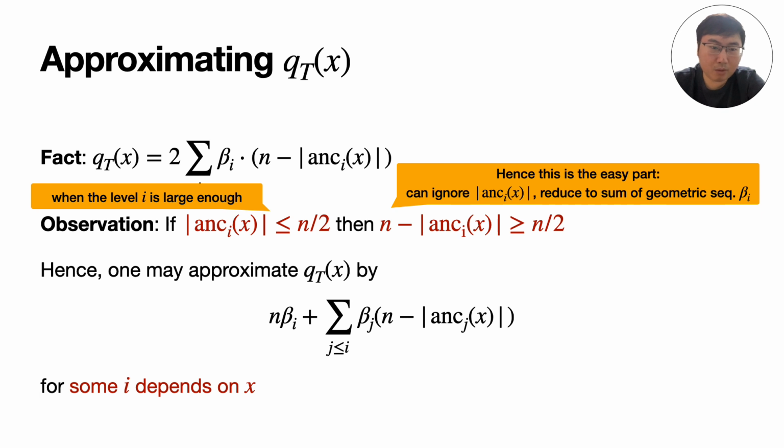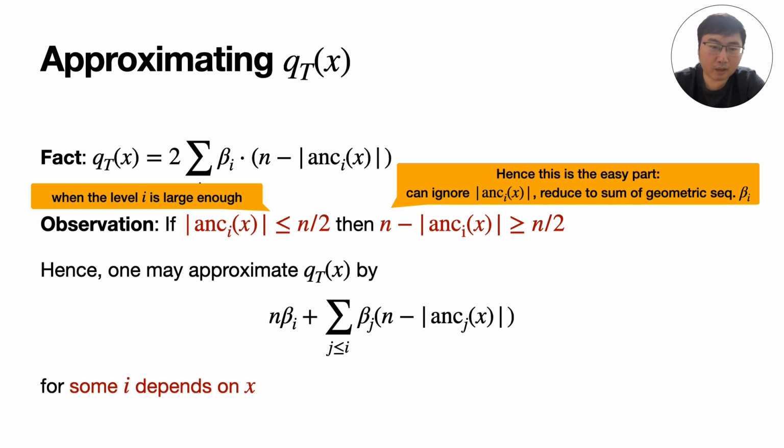So examine the formula for qt of x more carefully. We can see that if the level i subtree of x is smaller than some constant fraction of n, let's say half n, then the contributing element n minus ancestor level i of x must be omega n. Since we only aim for a constant approximation, we can round this n minus the number of points in the level i ancestor of x as n.